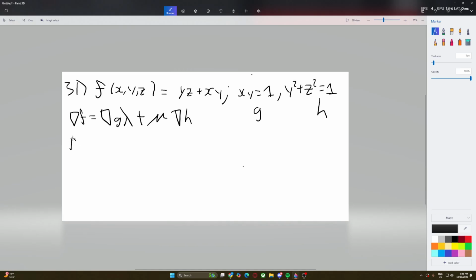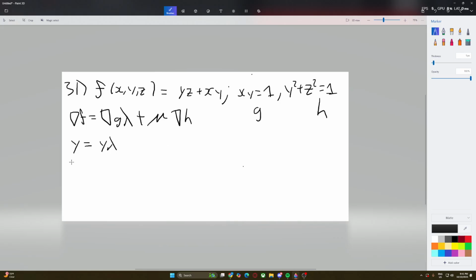So f_x is just y equals y lambda plus 2y mu. Wait, no, oops, it's just no x here.